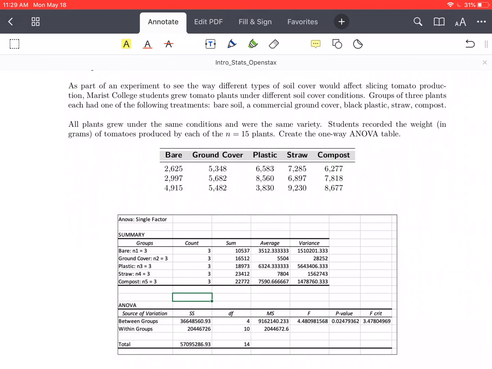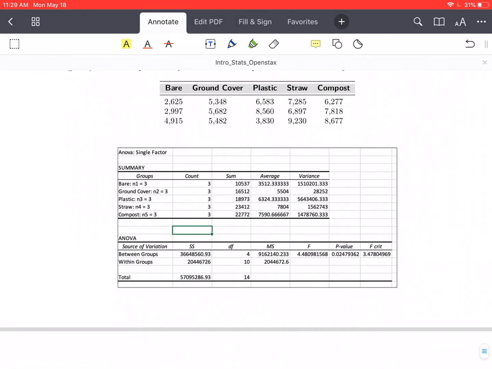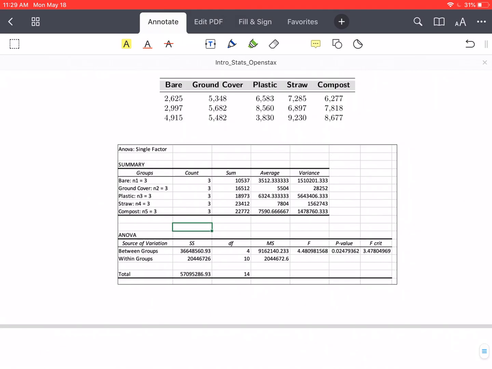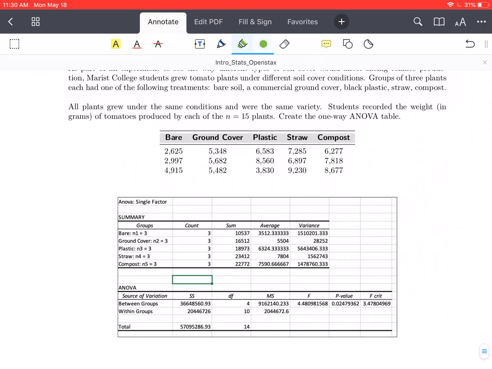So here we have an ANOVA table. I'll show you guys in a little bit how we can make these, but this gives us pretty much all the information that we need to run our hypothesis test. All we need to do is input this data into a table, and I'm going to be using Excel in a little bit to do that.